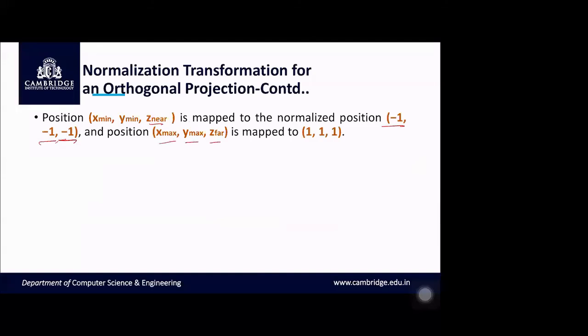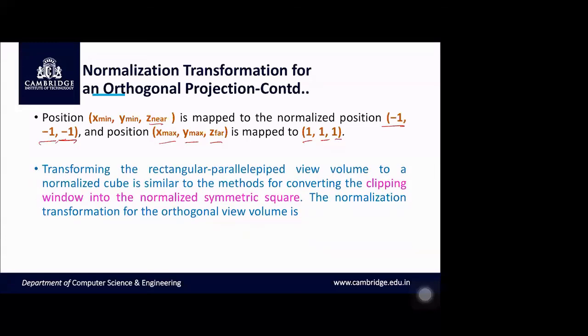X max, Y max, Z far will become 1, 1, 1. Transforming the rectangular parallelepiped view volume to a normalized cube is similar to the methods for converting the clipping window into the normalized symmetric square.